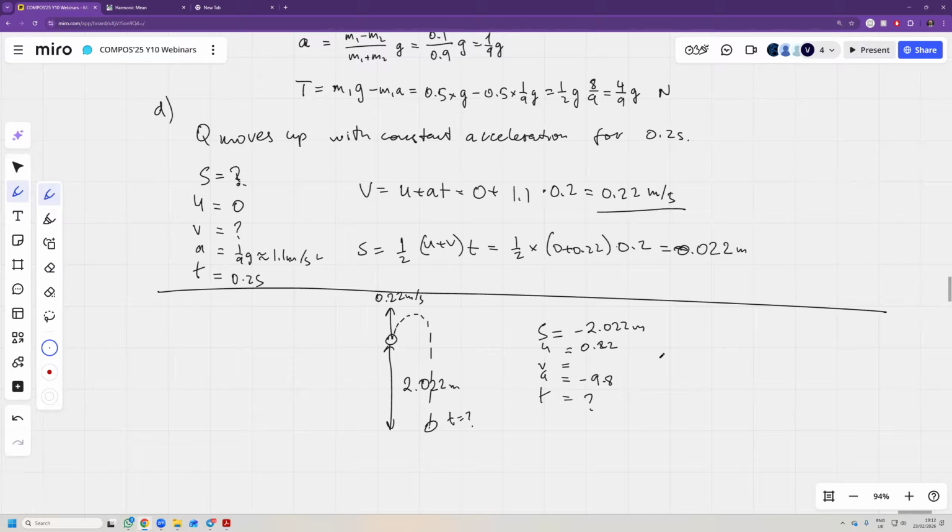So, with no v, s equals ut plus 1/2 at squared. So minus 2.022 equals u, which is 0.22, times t, plus minus 4.9 t squared.